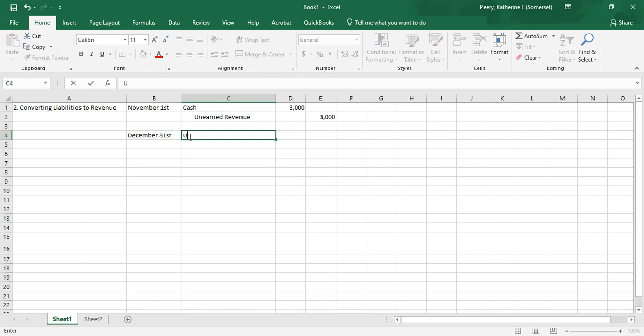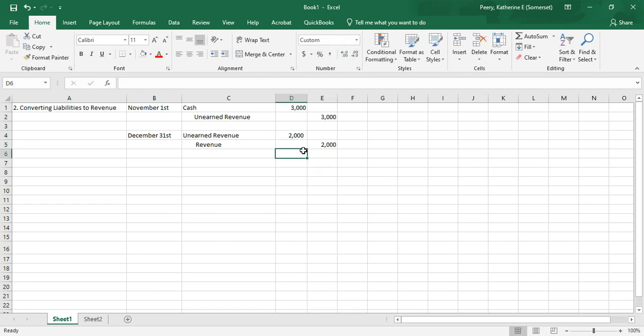So, what we're going to do is go ahead and reverse basically the amount that happened in the current year. So, we're going to do this. It would be $2,000, right? Because they're doing $1,000 a month. 2 months have passed. So we've shown that we've technically earned $2,000, and the unearned revenue has gone down by $2,000.